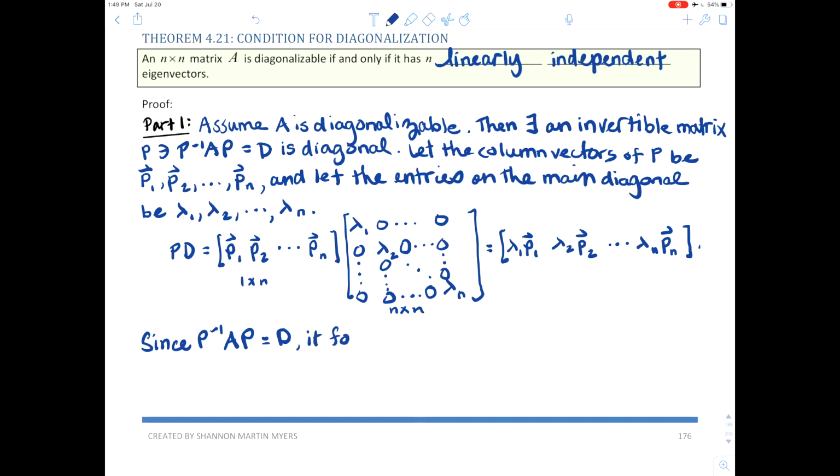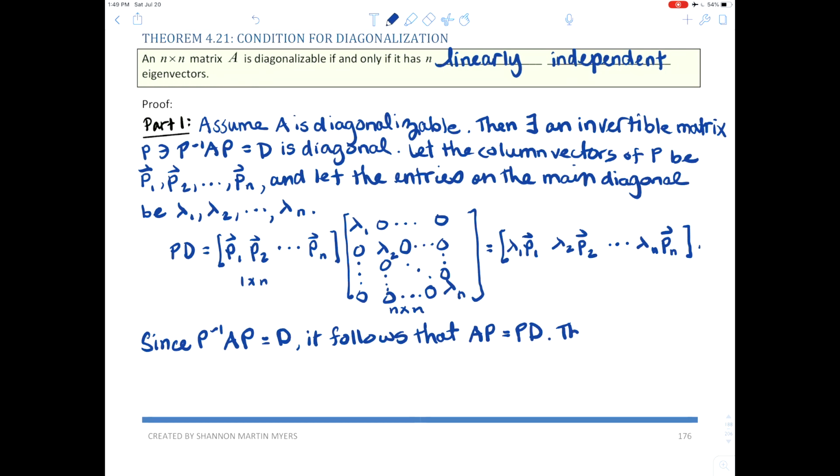It follows that, well, if I know P is invertible, so if I multiply both sides on the left by P, I'll end up with A times P is equal to what? Good. P times D, which is why we did P times D in the first place. Good so far?